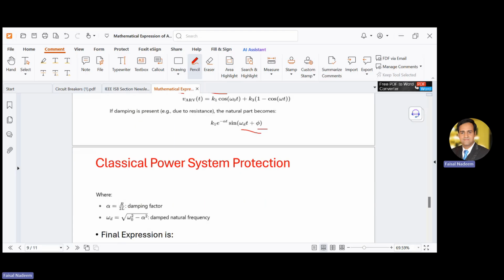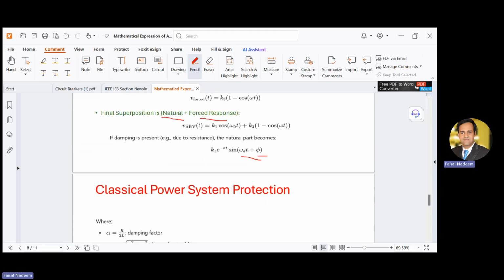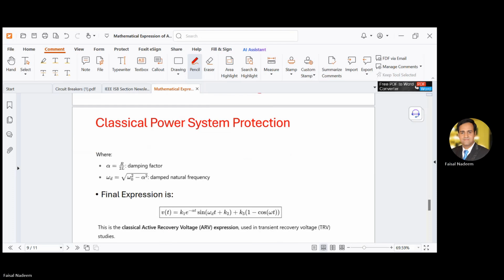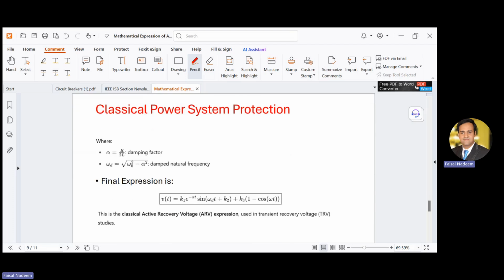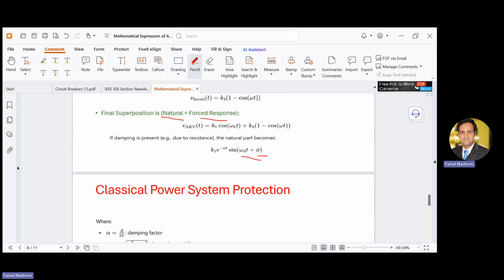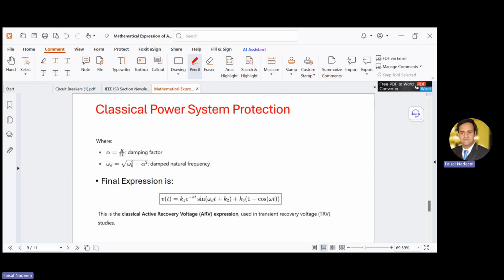So while considering the impact of damping, we replace K1 cos omega naught t with K1 e to the minus alpha t sine omega d t plus phi, where alpha is equal to R over 2L, which is also known as the damping factor, and omega d is equal to the square root of omega naught squared minus alpha squared.